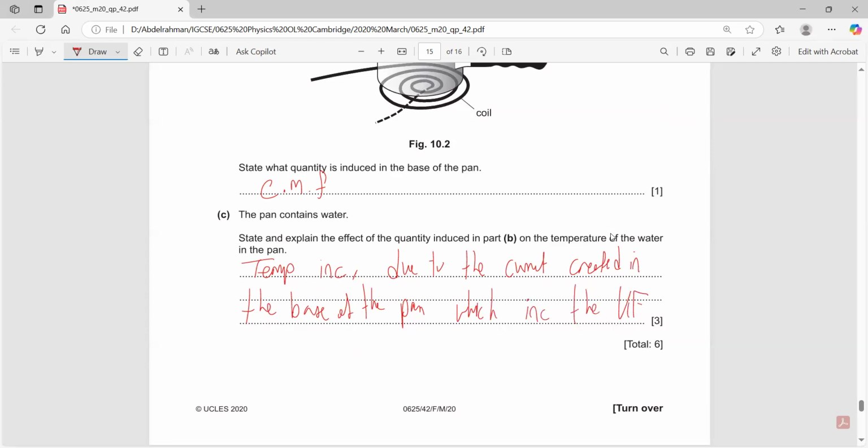Let me write down, kinetic energy and heat energy.